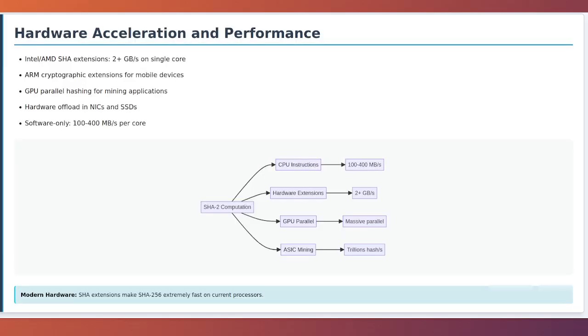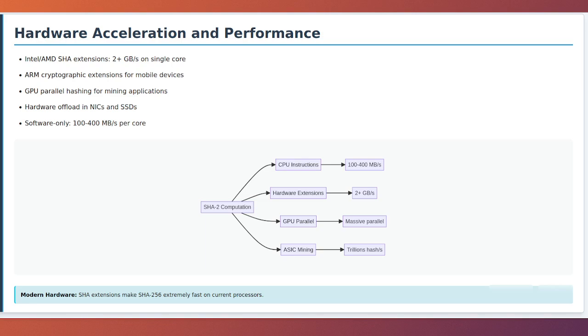Hardware acceleration and performance. SHA-2's widespread use has driven the development of hardware acceleration, making it incredibly fast on modern systems. Let's explore the performance landscape. Intel and AMD processors since 2013 include SHA extensions, special CPU instructions specifically designed for SHA-256 and SHA-512 computation.